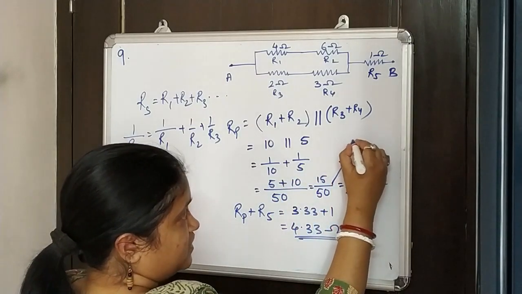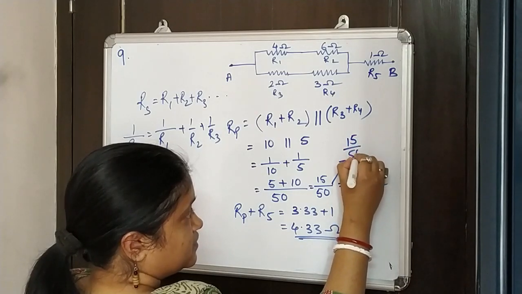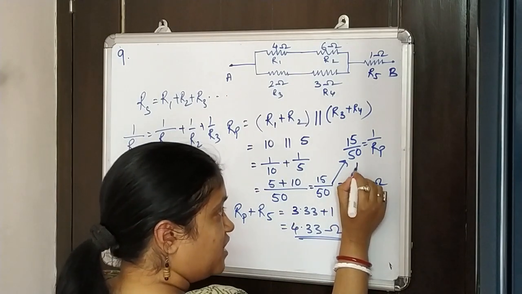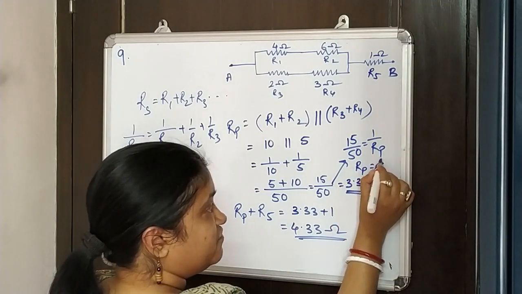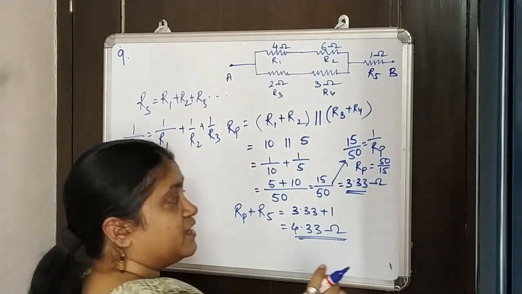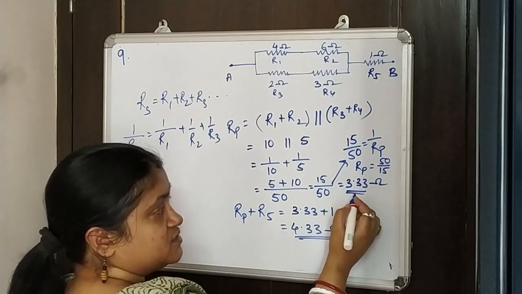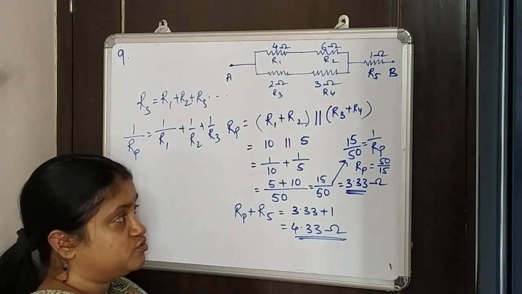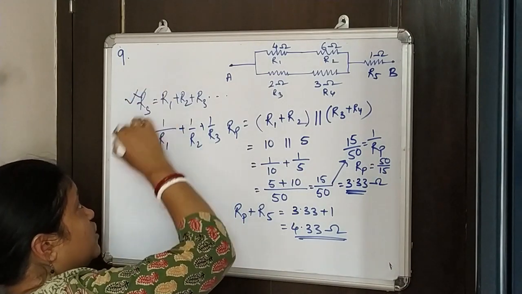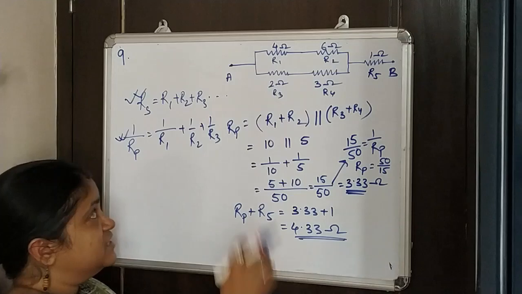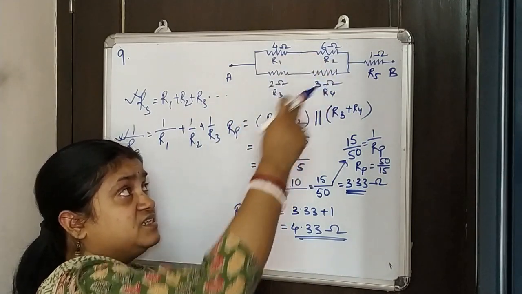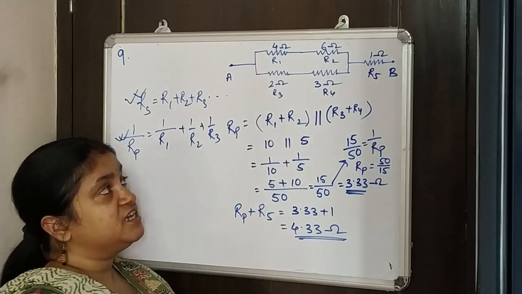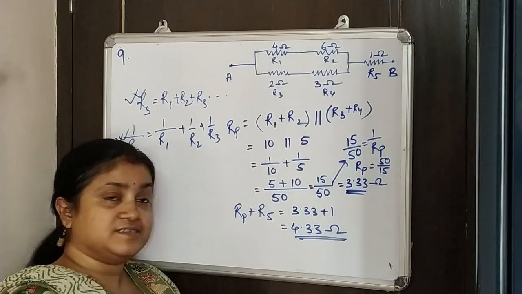This 15 by 50 is actually 1 by Rp, right? So if you have to find Rp, this will become 50 by 15, and this answer is 3.33. So here there was a step missing. I just showed that. So these are the formula that we are using for the combination of series as well as parallel. So in this circuit we have both series and parallel, and that's how step by step we need to find the equivalent combination of resistance.